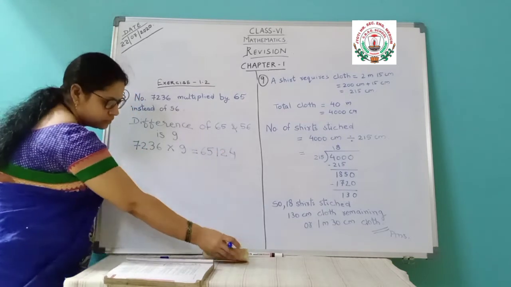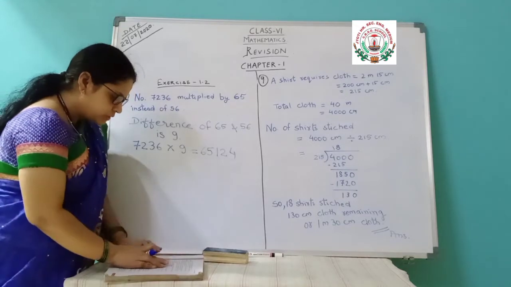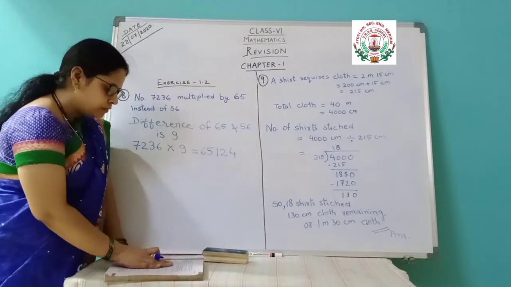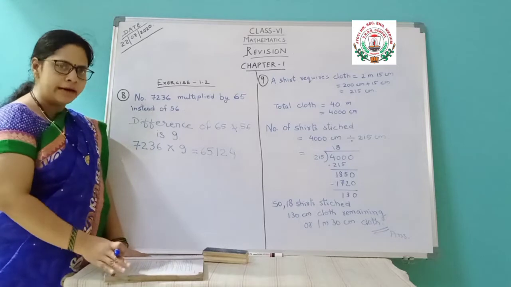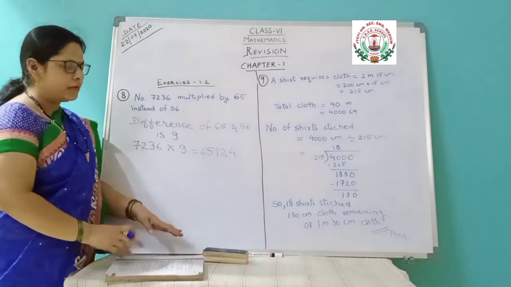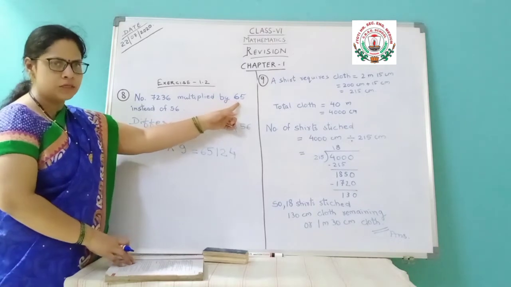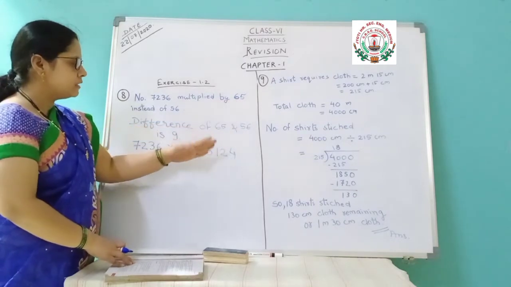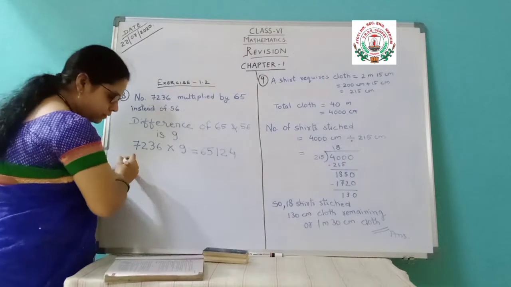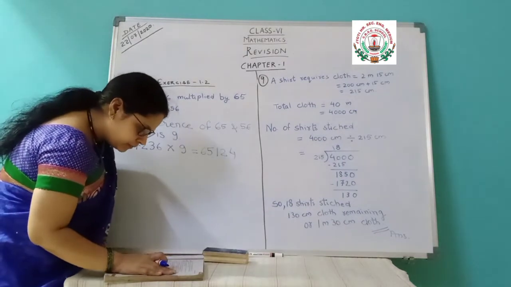So what is the question asked? By how much was your answer greater than the correct answer? Whatever is the correct answer, the answer you have got by multiplying by 65 is greater by this number. So what will you be writing?